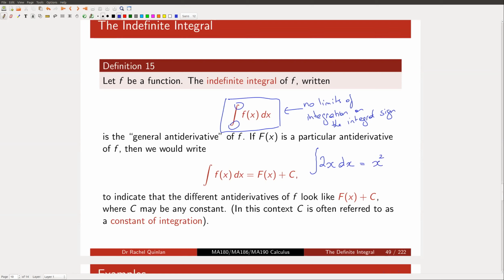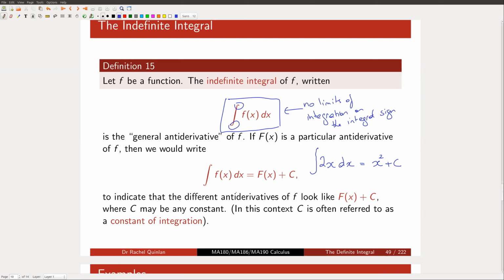We've already noted that x squared is such a thing, but it's the collection of all such expressions, so x squared plus any constant. Since the constant can be any real number, it's the set of all things whose derivative is 2x. Anything whose derivative is 2x is x squared plus c for some c. This expression is referred to as the indefinite integral of f. It's the general antiderivative of f.